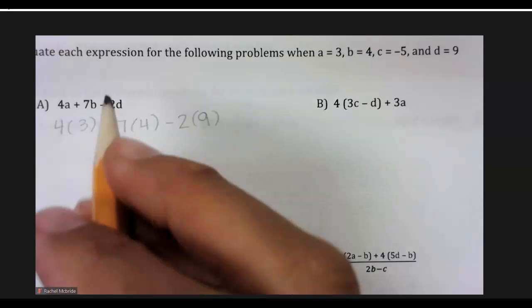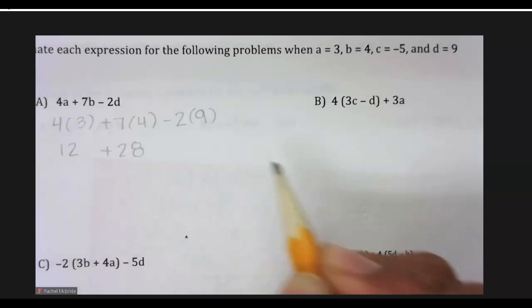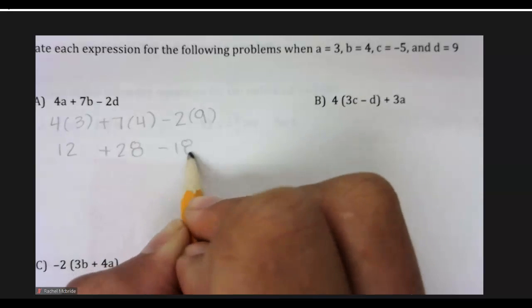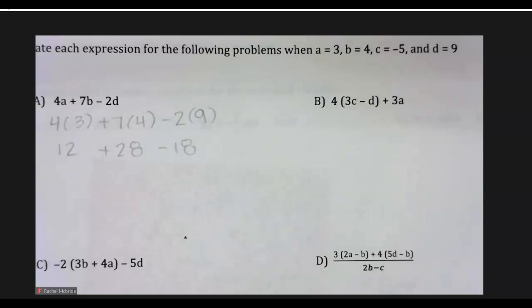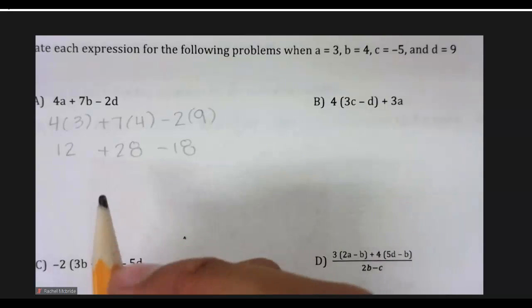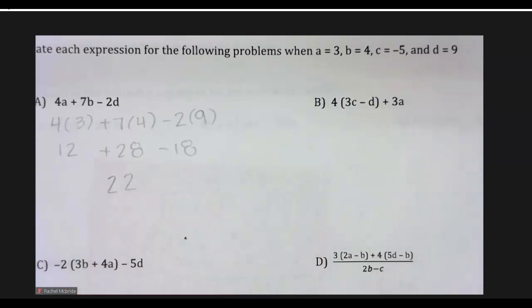Multiply each individually. So 4 times 3 is 12. 7 times 4 is 28. And 2 times 9 is negative 18. And then you add 12 plus 28 and negative 18 together to get positive 22.